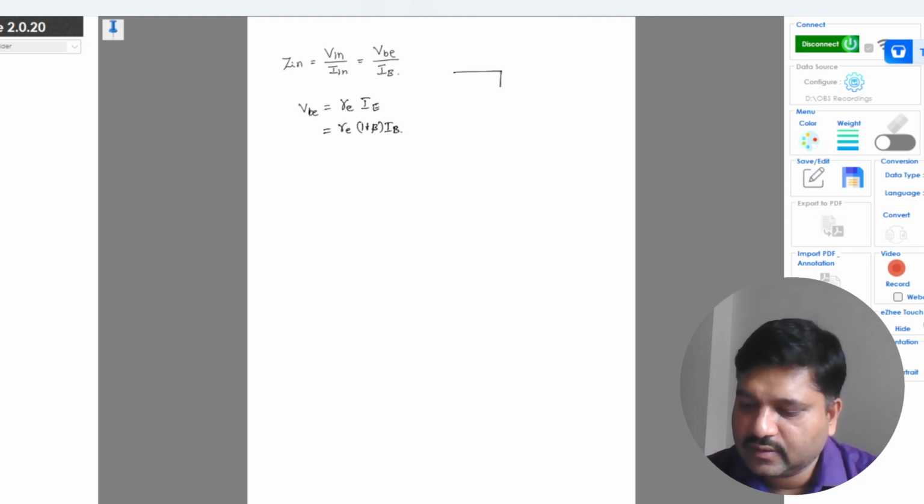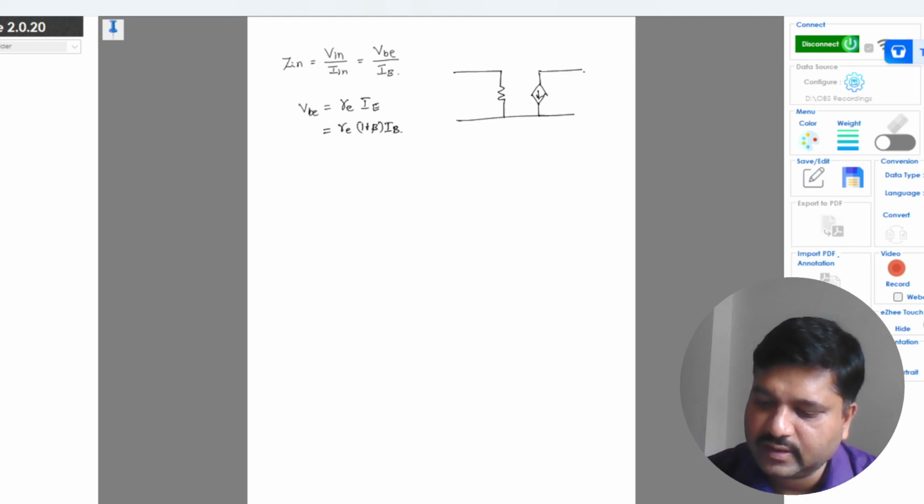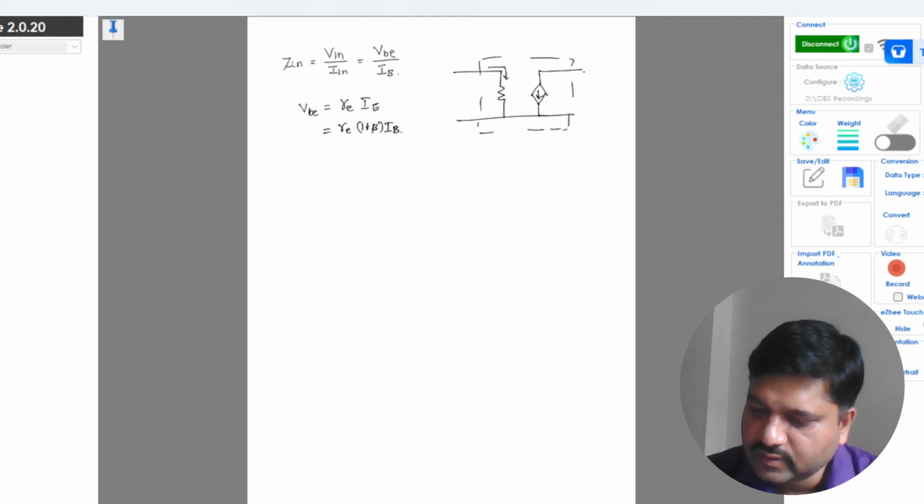I will represent the same in a two-port network. This is my IB, this is my IC, which is equal to beta times IB.